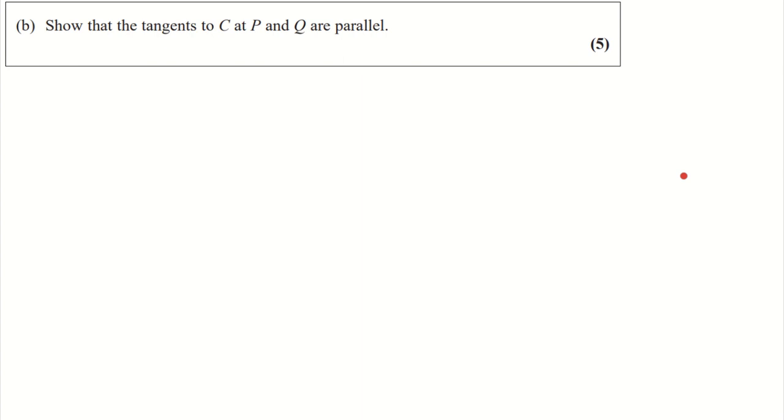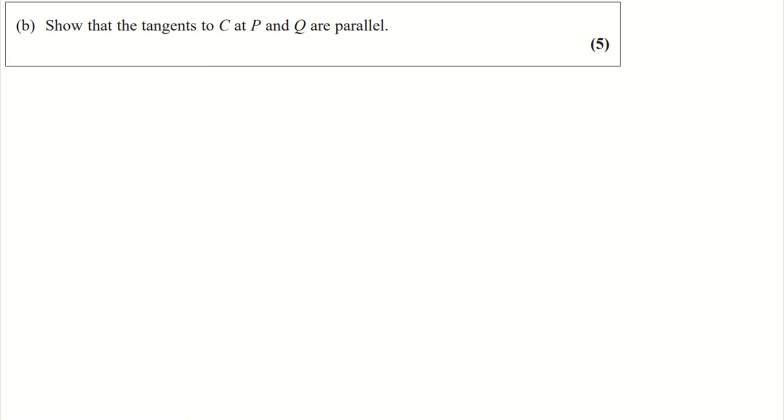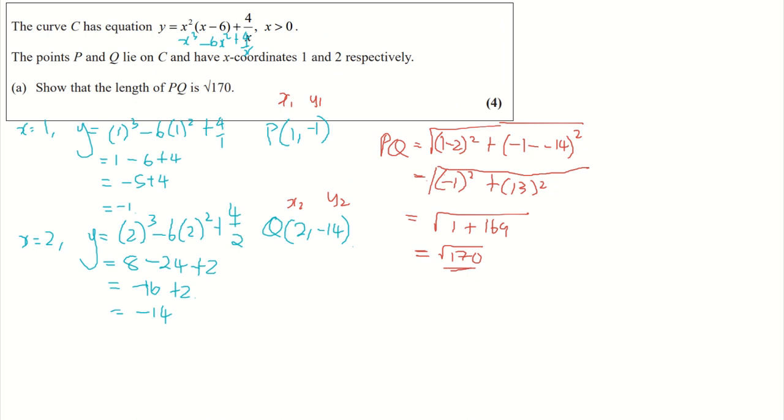One is at P, which is on the curve, and then there's a tangent at Q. These tangents are basically lines that touch the curve at just one point. We already have the coordinates P (1, minus 1) and Q (2, minus 14). And what do they want? Show that the tangents to C at P and Q are parallel.